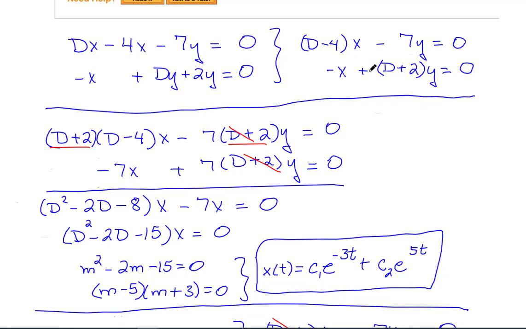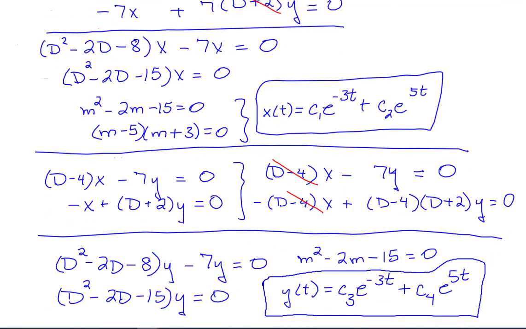And on the second equation, because this has a minus 7, this one needs a positive 7. And so there's that 7 all the way across. At that point, the y terms go away, and I have something only involving x's.